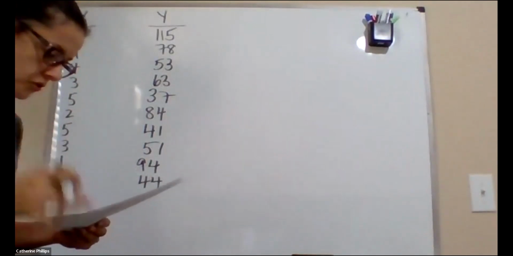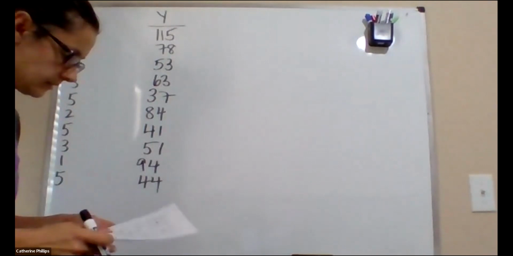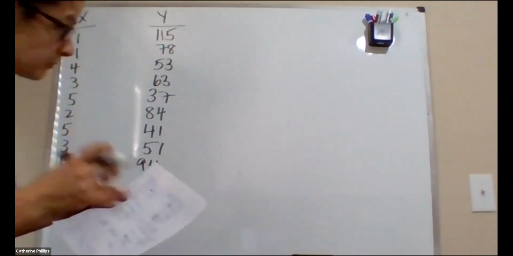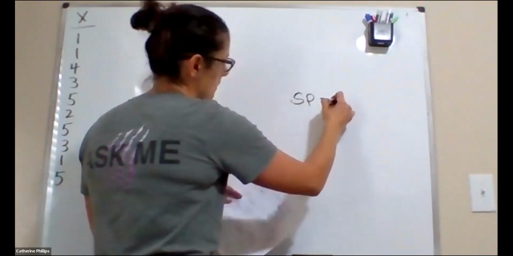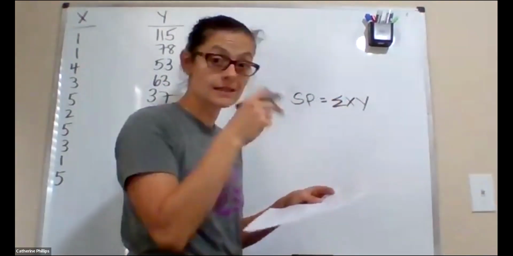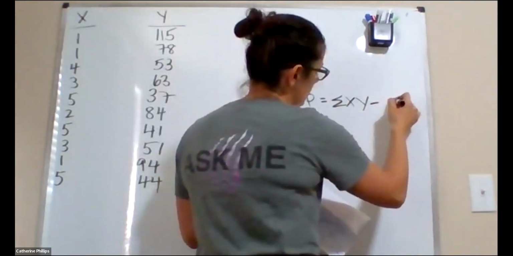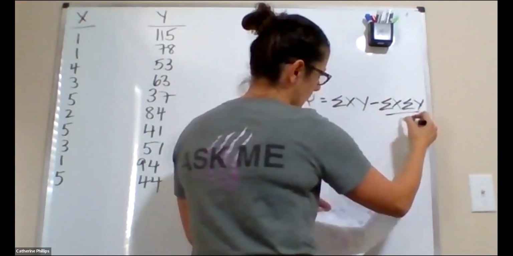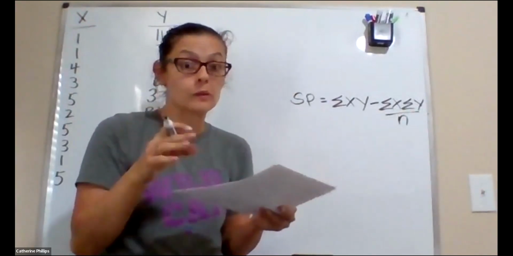The computational formula, what we need for the computational formula of the sum of products, SP, equals the sum of XY, so X times Y, subtract the sum of X times the sum of Y divided by the number of scores, the number of pairs of scores that we have, how many people answered.